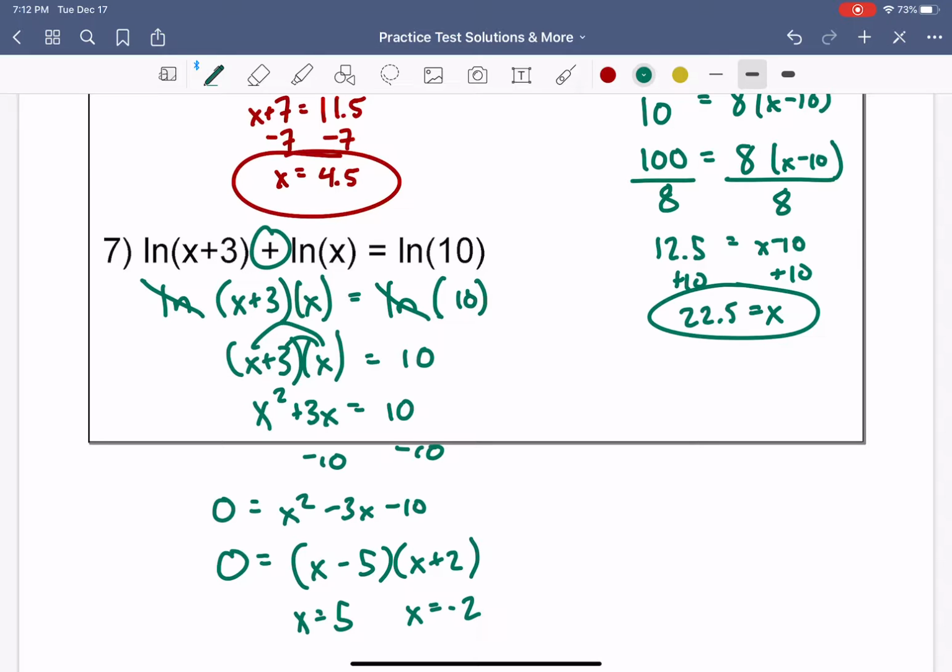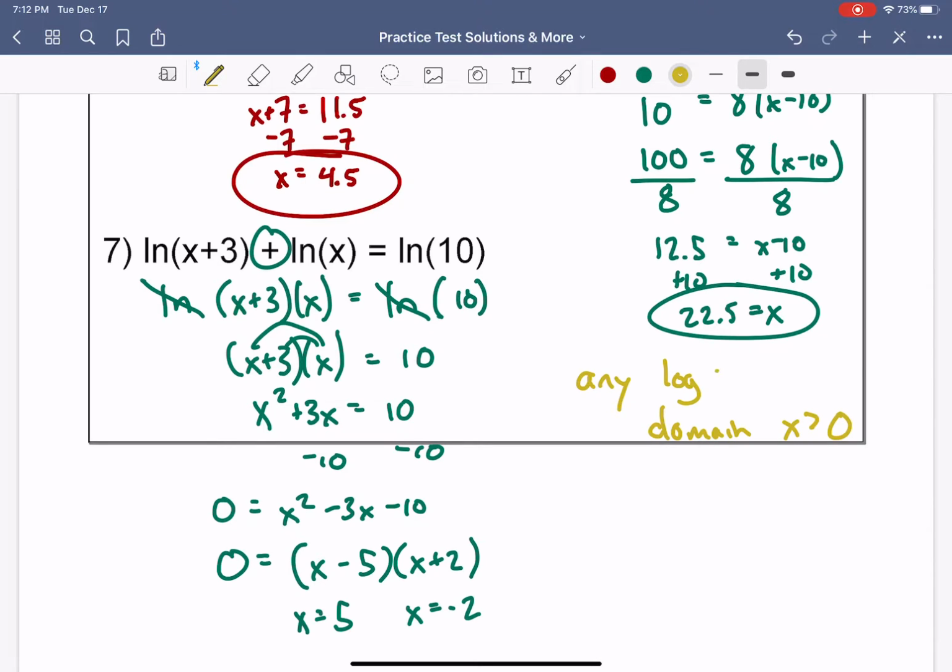We have two answers here, but we need to be careful. All the other answers are positive, and those seem to be fine. We do have an issue here, and if we remember our graphs, for any log, our domain is x is greater than 0.